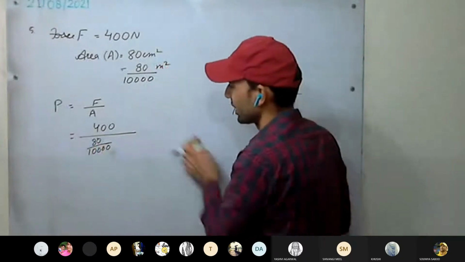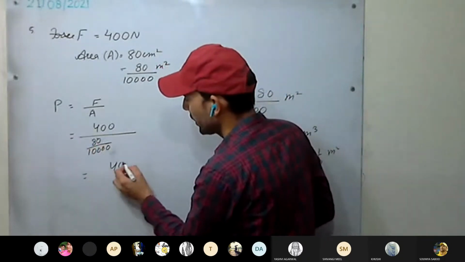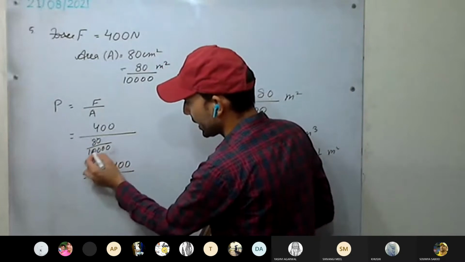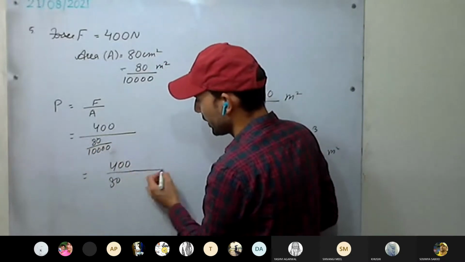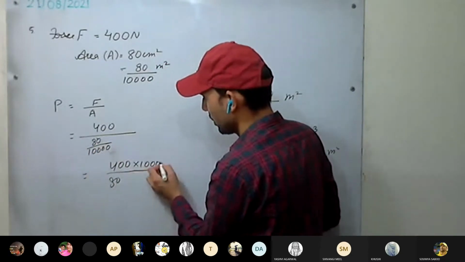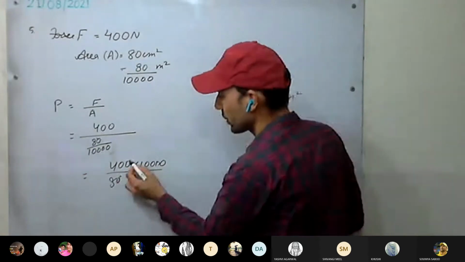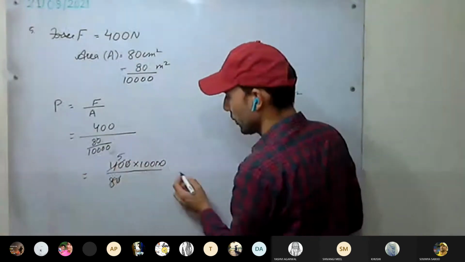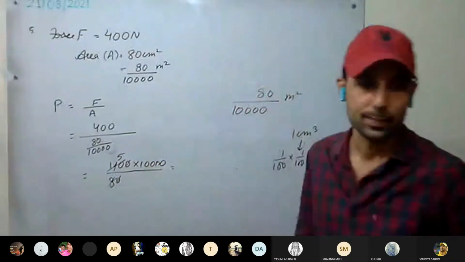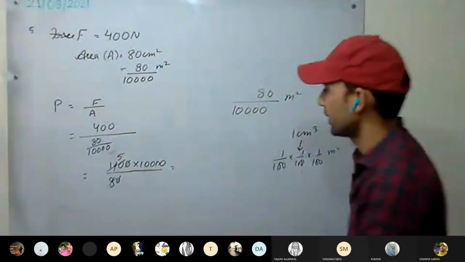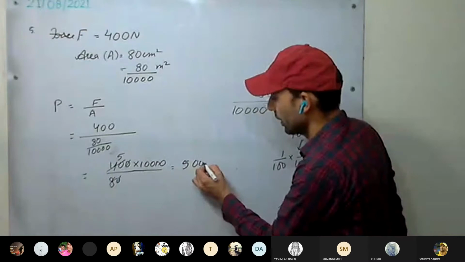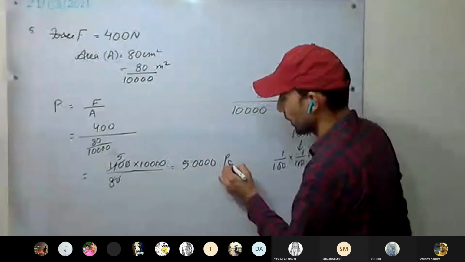So now 400 divided by 80 and this will come in numerator, into 10,000. This all you know. Now cancel them. So what answer are you getting? 5 and 4 zeros Pascal.